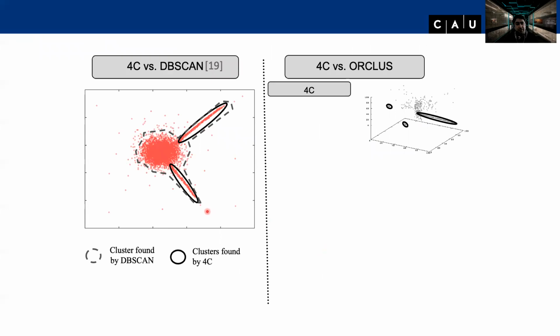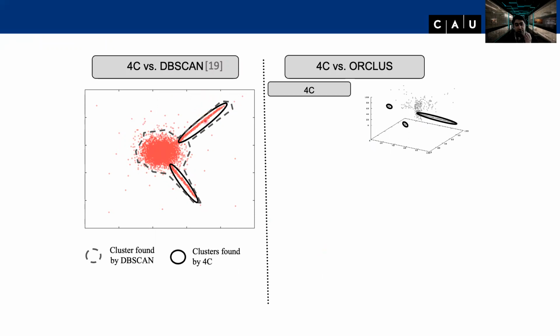Then regarding the results, what are the implications of this correlation neighborhood and of this modified eigenvalue matrix? If we apply DBSCAN on this two-dimensional data set, it would detect this whole reddish area, except the outliers, the noise points here, as one big cluster.